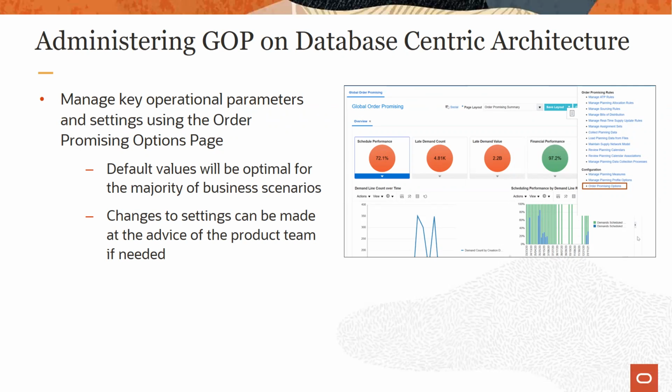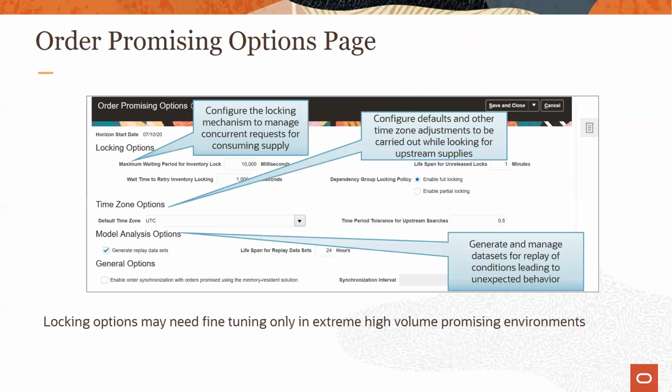And in case any changes are needed, they can be made with the guidance of the product team, and in case any fine tuning is required, the parameters can be suitably adjusted. So let's take a look at some of the main parameters that are included in this new page.